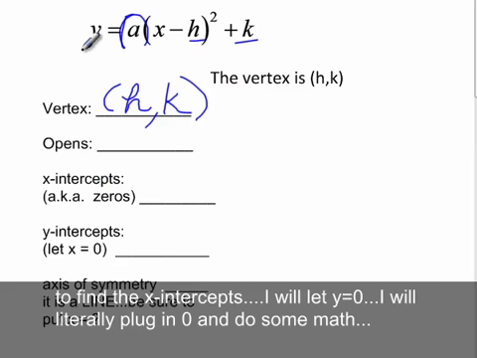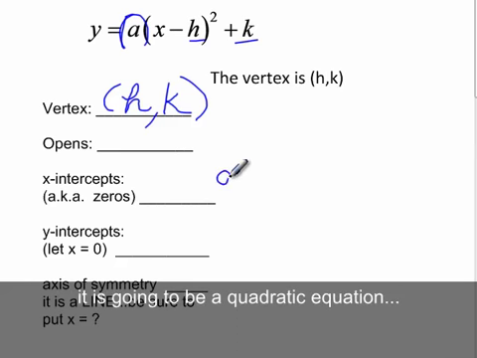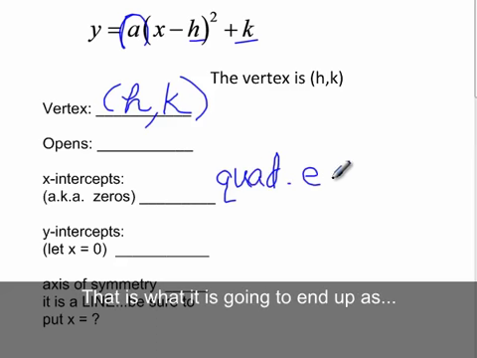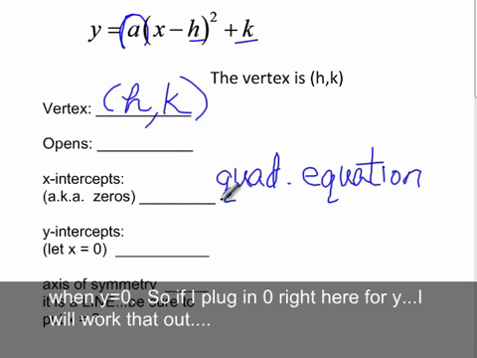I will literally plug in 0 and do some math, and we're going to have to work it out using a quadratic equation. So I have to let y equal 0. That's why they call this finding your zeros. It crosses the x-axis when y is 0, so I plug in 0 for y and work that out.